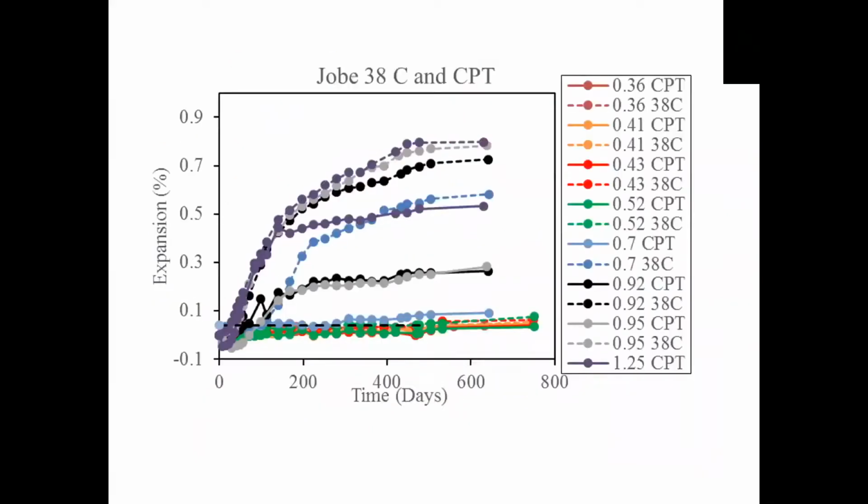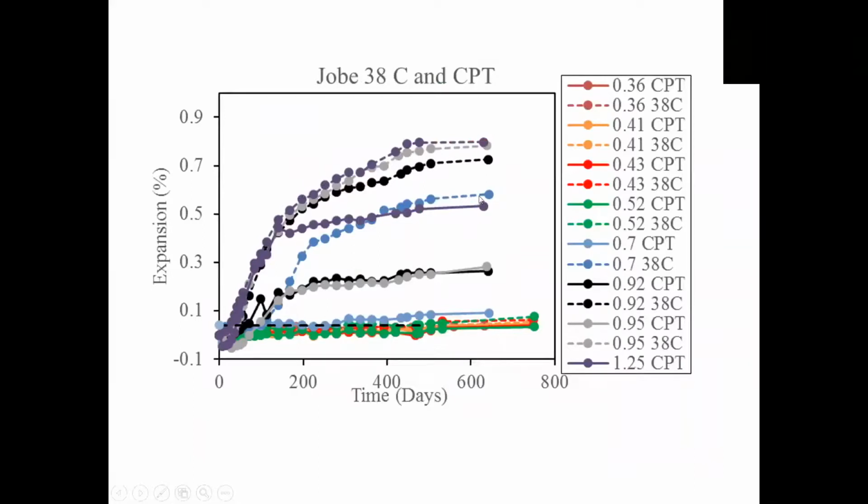This just shows a data dump here of the different mixes with Job and the different alkali cements. What's shown here is both the concrete prism test at 38 Celsius, which is 100 Fahrenheit, and also our new test with the same combination. And it's interesting here to compare. Here's the concrete prism test at 0.7. Here's our test at 0.7.